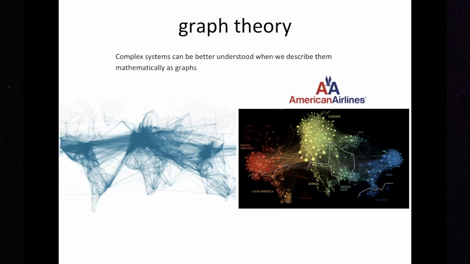But by applying some really neat tools or magic of graph theory, all of a sudden we see, hey, there seem to be some different communities, some different networks, which within each of those communities have a really high density of links, so of connections among those airports, whereas there are just a few connections between those continents, between the clusters. And we also immediately see that there seems to be a difference in the importance of the different airports, as we see here by the size of the circles.